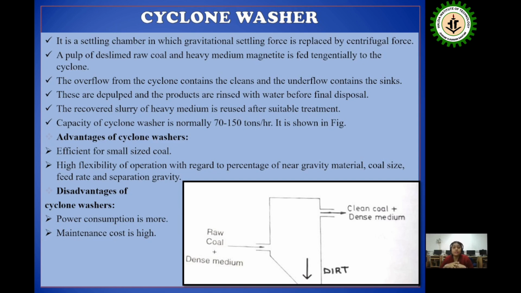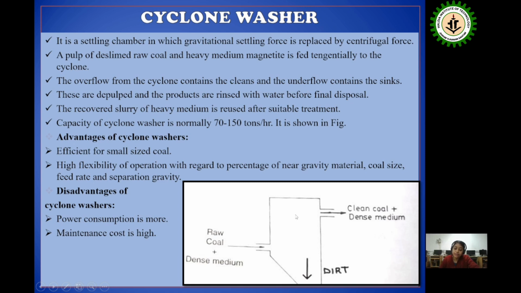Now next go to the next slide, this cyclone washer. This next slide consists of the cyclone washer technique. It has a settling chamber in which gravitational settling force is replaced by centrifugal force. See the diagram.